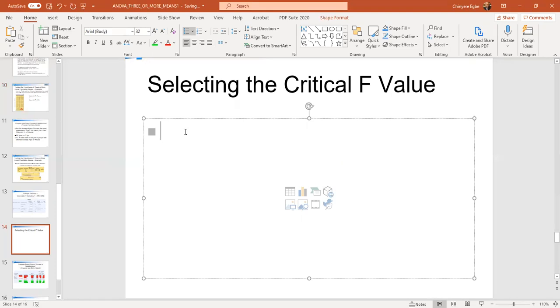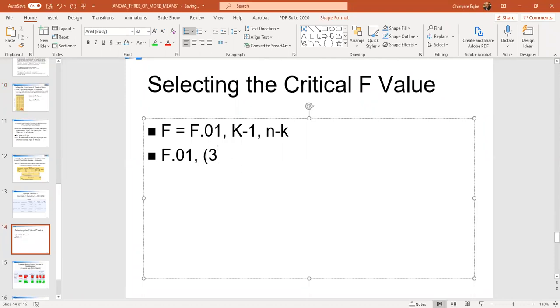The F value here will be F at 0.01, K minus 1, and n minus K. In this case it will be F at 0.01, for a 1% level of significance, and K minus 1, since we have 3 groups, 3 minus 1, and n minus K degrees of freedom.